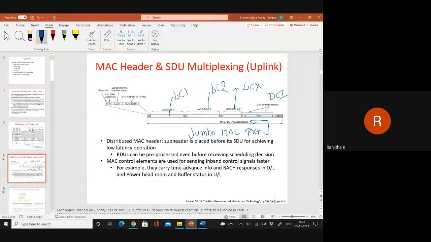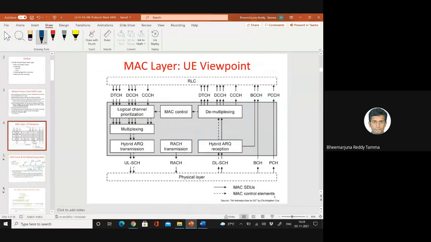So the MAC scheduler will take care of creating these processes and then sending the packets? No, not that. Where will these processes come in, sir? The processes come here in this block. And the multiplexing of different logical channels happens in this block.